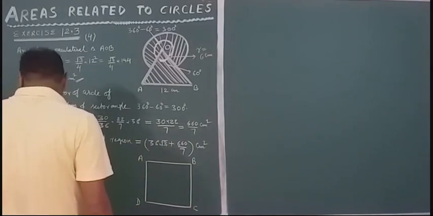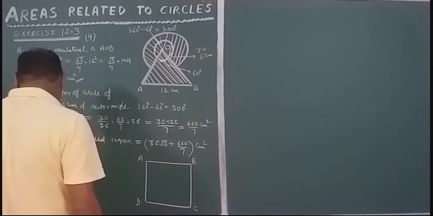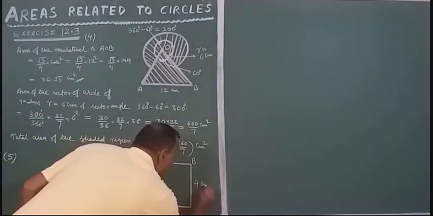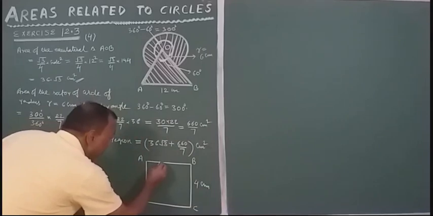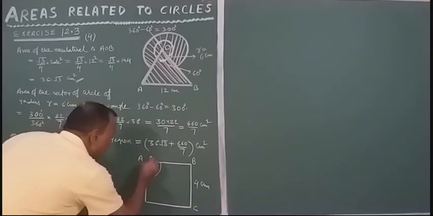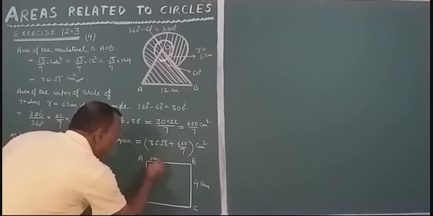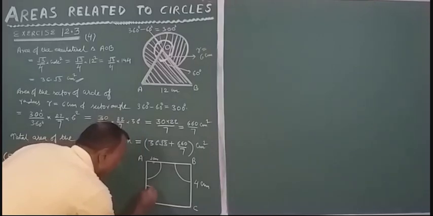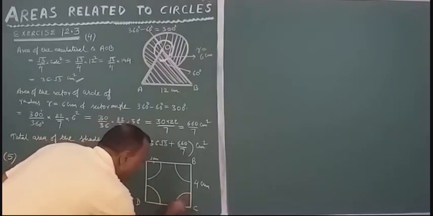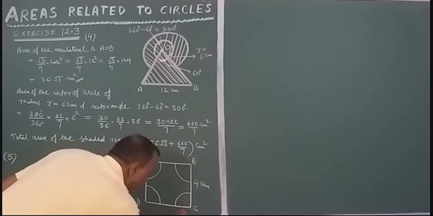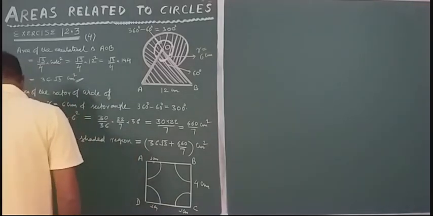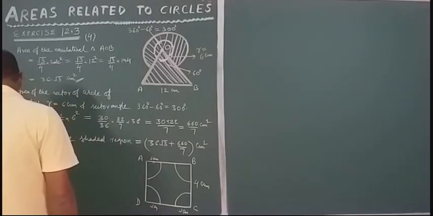What is the radius of this square? 4 centimeter. From each corner, 1 centimeter quadrants are cut from here. What is the radius of these quadrants? 1 centimeter, and also a circle of diameter 2 centimeter is cut as shown in the figure.